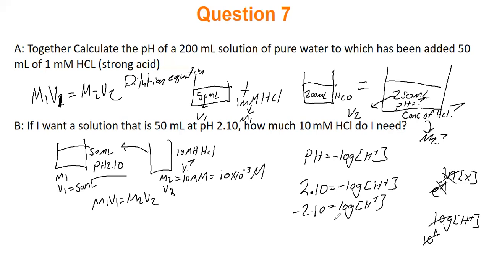So 10 to the power of a log, they cancel each other out. But I have to do it to each side if I want to do a mathematical operation. So I'm doing 10 to the power of negative 2.10. That's my concentration of hydrogen.